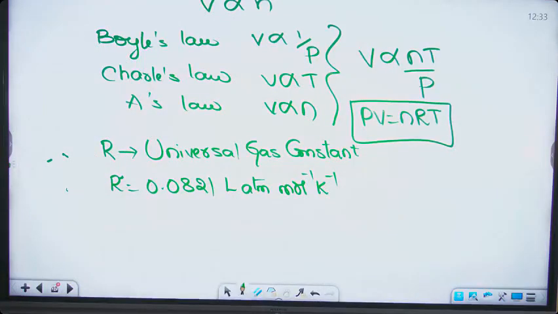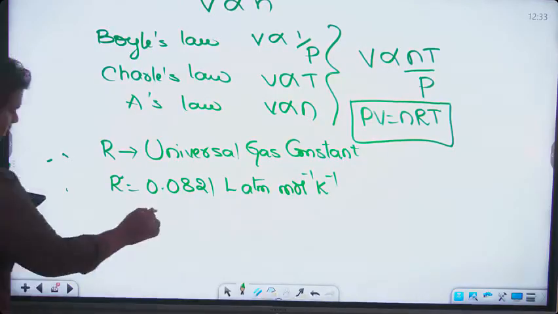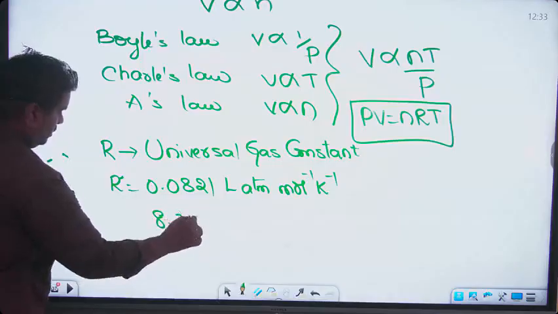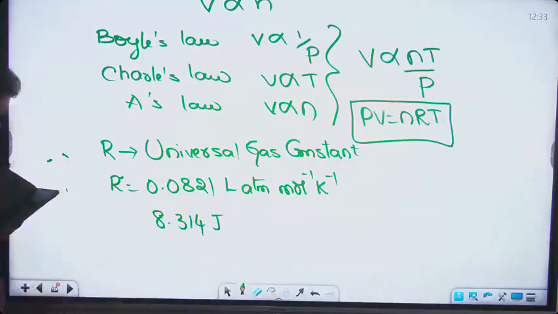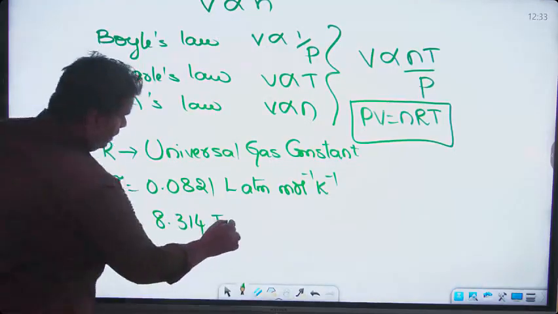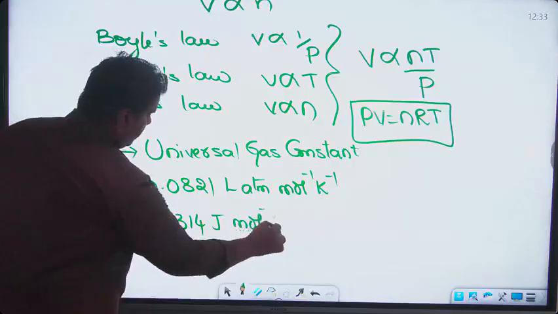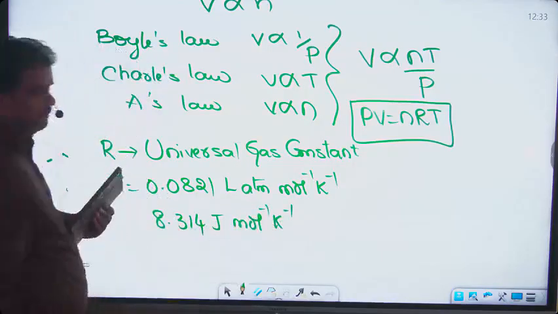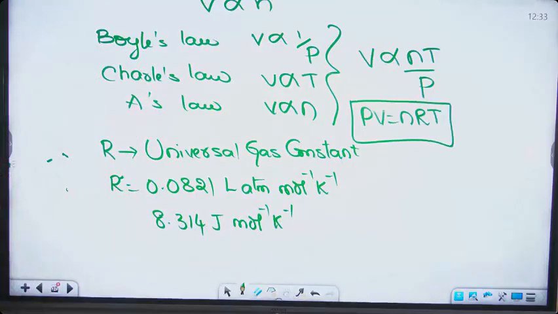We have got one more value, 8.314 joule per mole per Kelvin.